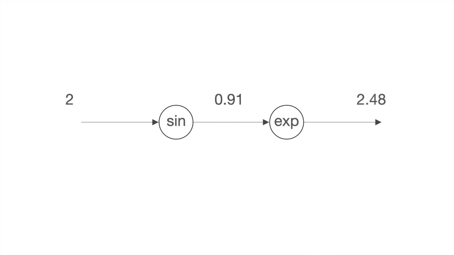Calculating the local gradients for each operation, well, the gradient of the exponential is just the output of the exponential, so that local gradient is 2.48. The derivative of sine is still the cosine. The cosine of that input value 2 is about minus 0.42. If we multiply those together, then we find that the gradient of the entire expression, given that the input is 2, is something around minus 1.04.